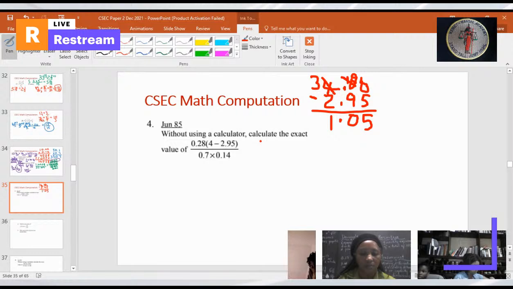Miss, 28 over 10, miss. Over 10? Already 28 over 100. 100. Two decimal places. Times, how do we write 1.05 as a fraction? Miss, 105 over 100, miss. Okay.